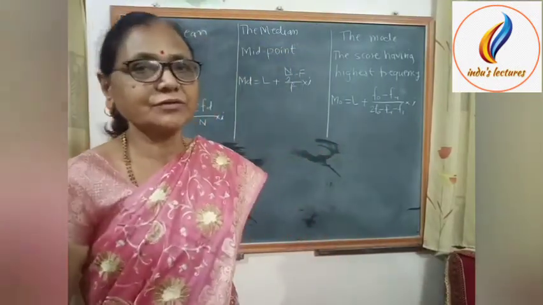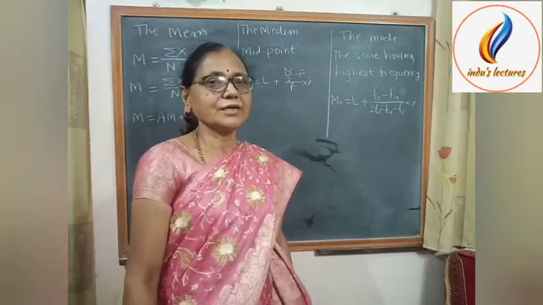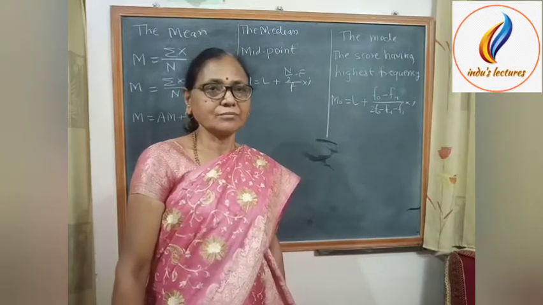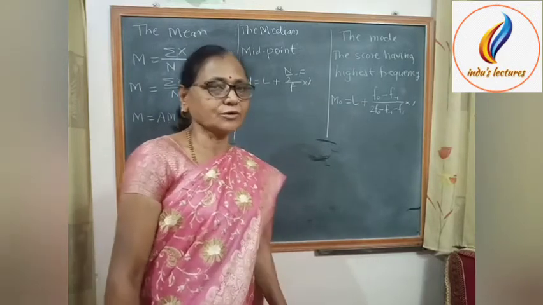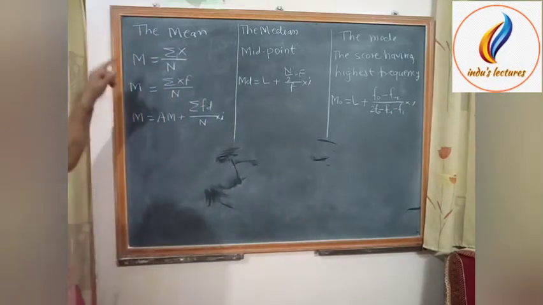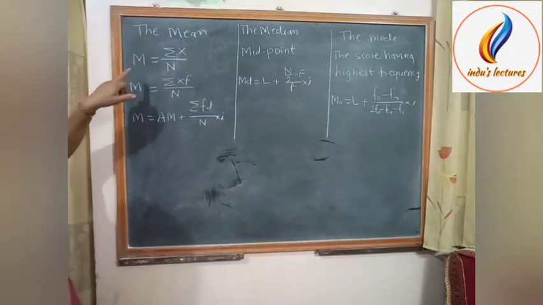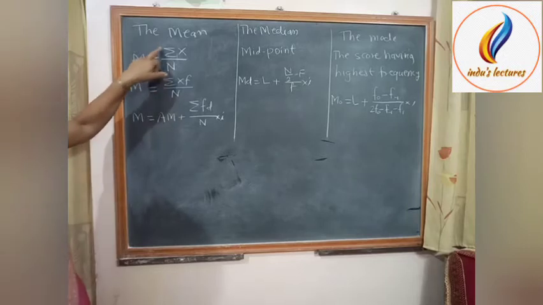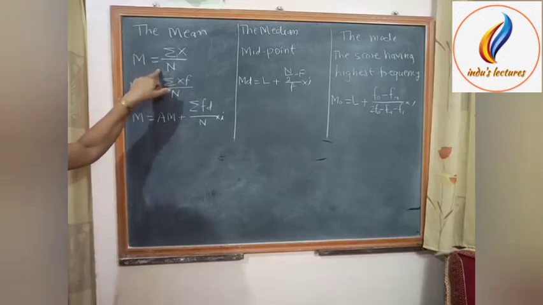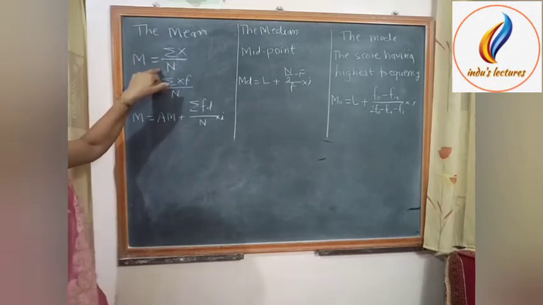In the previous part, we have seen how to calculate mean, median, and mode. Now mean is calculated as m is equal to summation x upon n when raw scores are given.